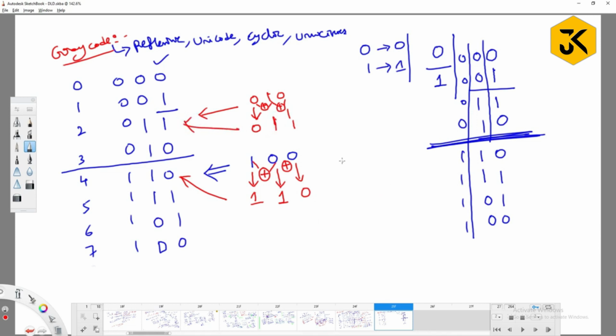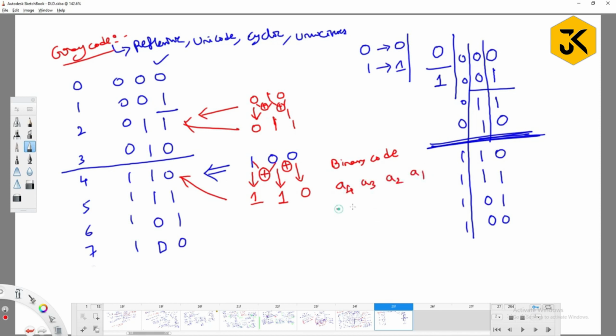Meaning that if you know the binary code, you can simply convert it into gray code by making use of the XOR operation, right? Meaning that if you have multiple numbers A1, A2, A3 and A4, or you can simply write it in opposite order, A4, A3, A2 and A1.